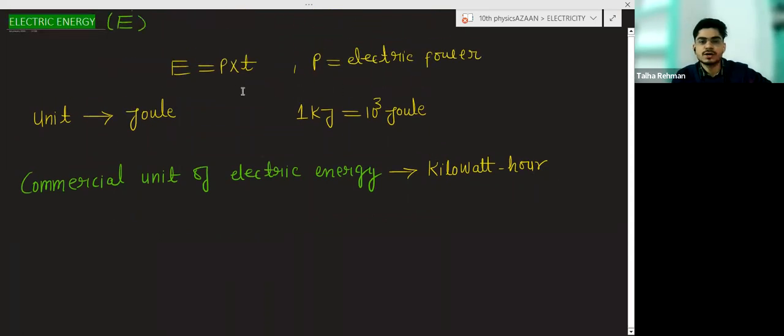What I told you, the unit of energy is joule. We can convert this 1 kilowatt hour into joule, because kilowatt hour is a bigger unit of energy.